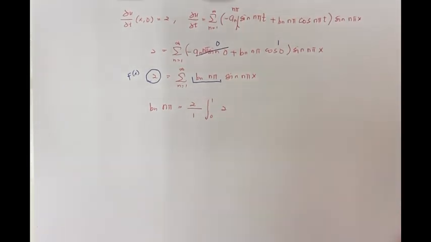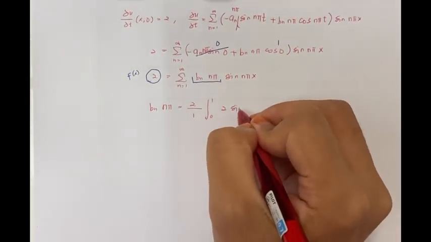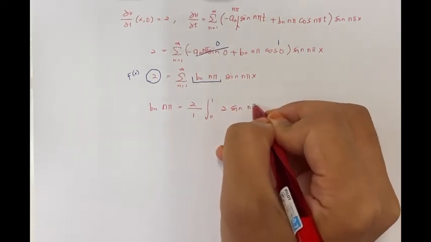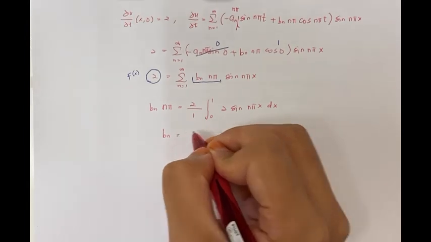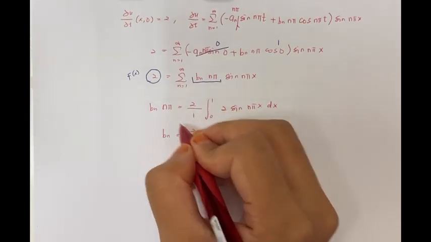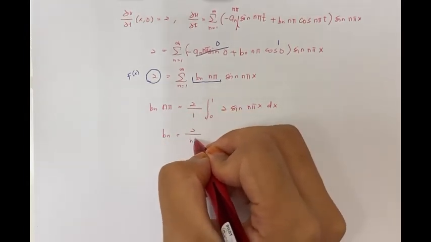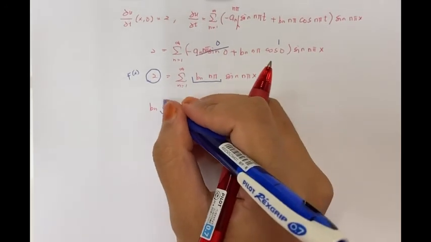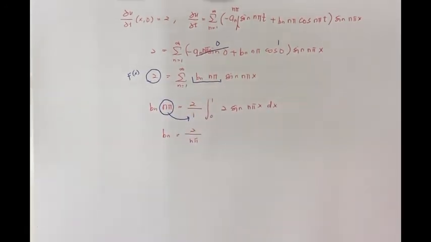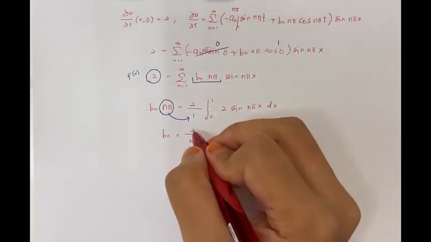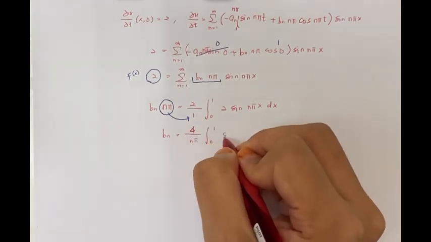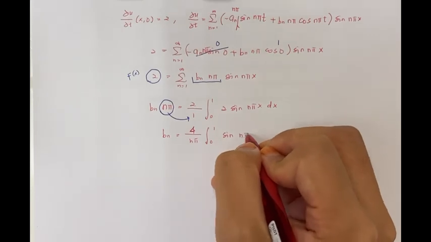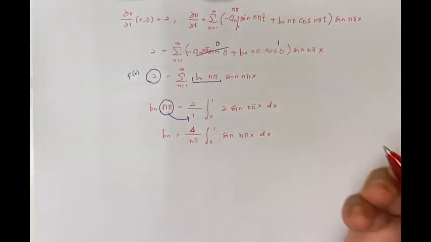So 2, and then you have sin n pi x dx. So to find the b_n, moving this n pi to the right hand side, you have 2 divided by n pi. And then multiply by this 2. So you have 4, integration 0 to 1 sin n pi x dx.